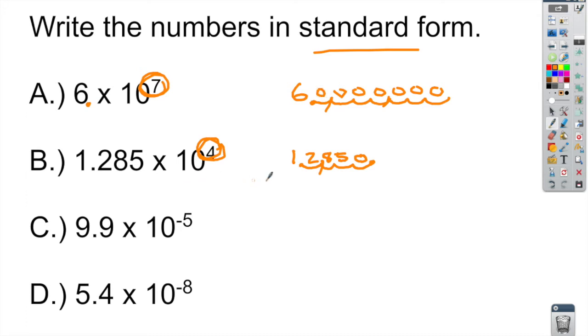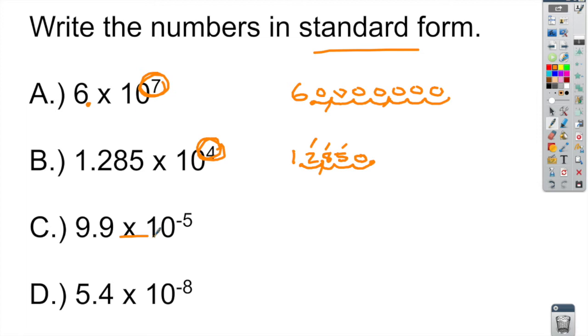Okay, but on this one, it was 1.285, and then we moved the decimal 4 places, but 3 out of those 4 places were already taken up by the 285. So I only had to add 1 extra 0 in. Okay, and this is a common mistake people make. They think this exponent represents the number of zeros you add on, and it isn't. If this was the case, I'd have 4 zeros here and not 1 zero. Okay, so realize that the exponent is all about the number of place values you move the decimal, not how many zeros.